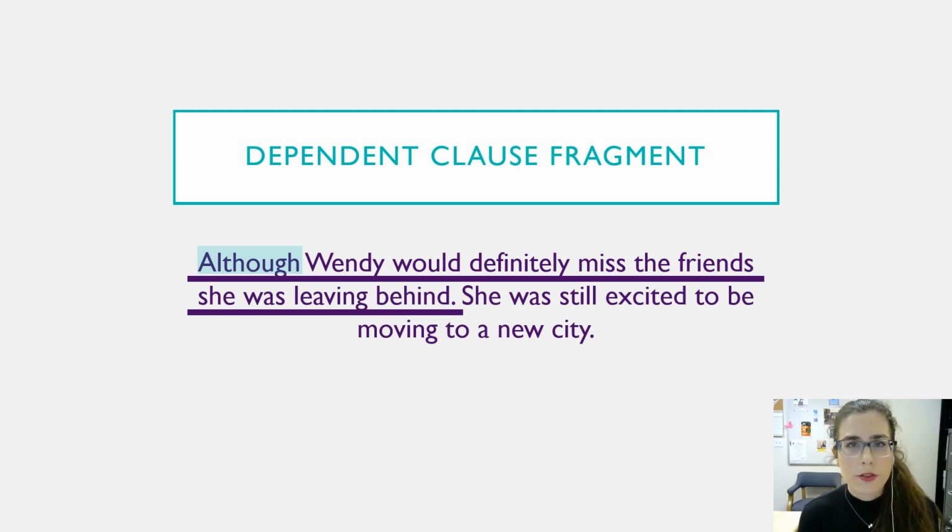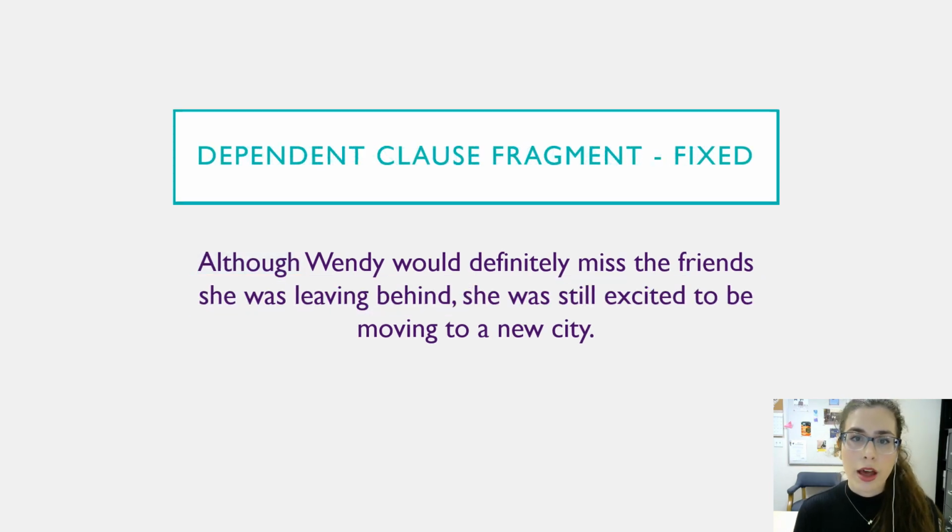The best way to fix this kind of fragment is to take the dependent clause and attach it to whatever independent clause will make it make sense, right? So here, if we replace the period with a comma, we have, although Wendy would definitely miss the friend she was leaving behind, she was still excited to be moving to a new city. Now that the 2 word groups are together, both parts make sense and our sentence is complete.